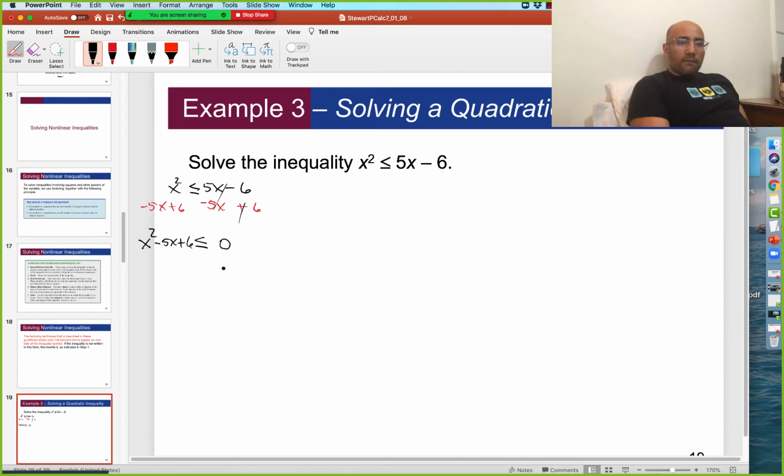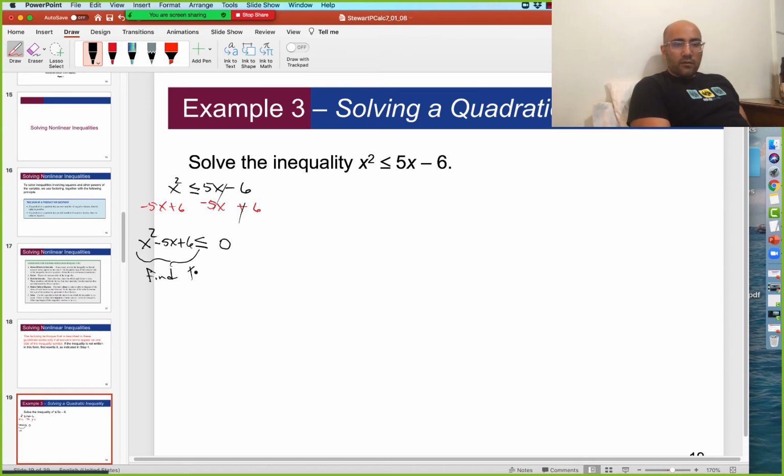Good. Because I've set it equal to 0, another way of describing what this is asking you is: find the values of x that produce a negative number here. That's what we want, right? We want them to be less than 0.